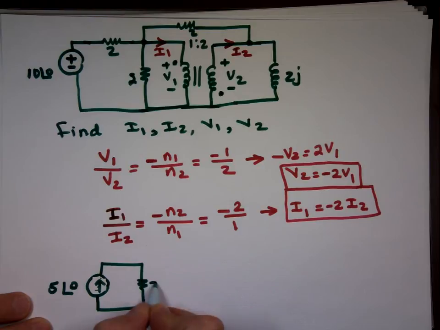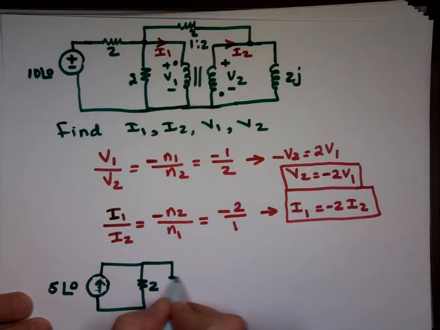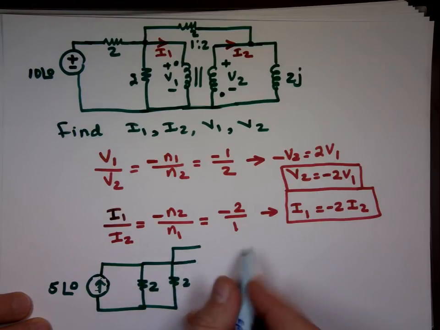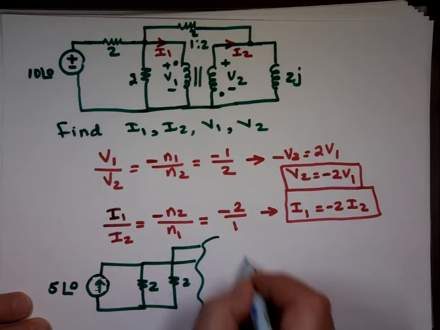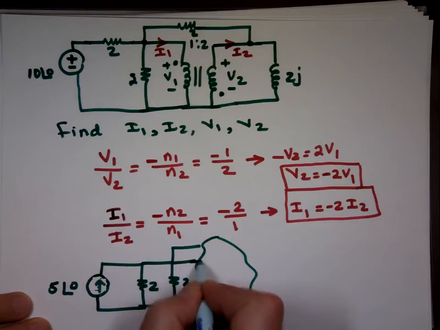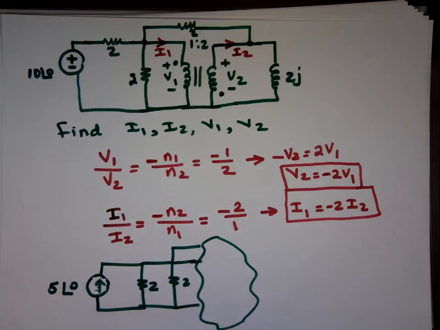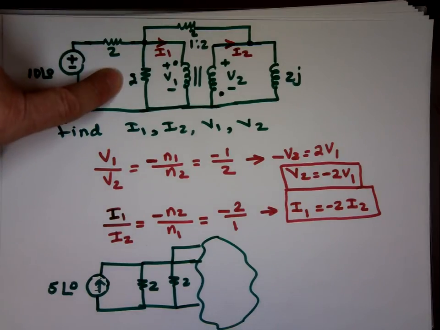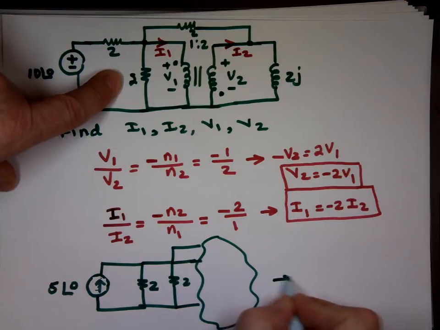Another 2 up there, and the rest of the circuit goes up there. I don't really care about that. I'm not interested in it yet. That doesn't change. I'm looking at this piece right here. This will go in parallel with this one. 2 and 2 will make it what in parallel? 1. Product over the sum.